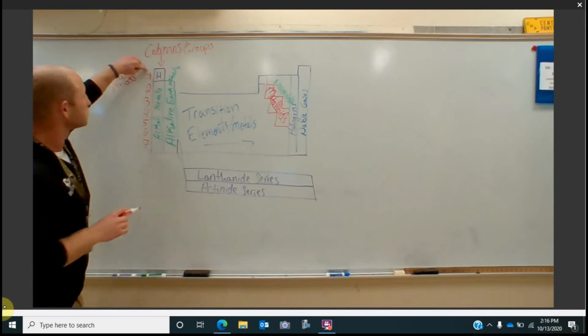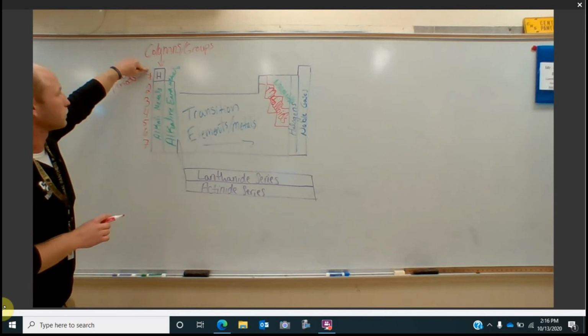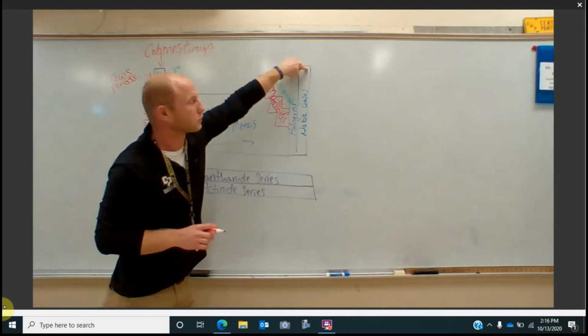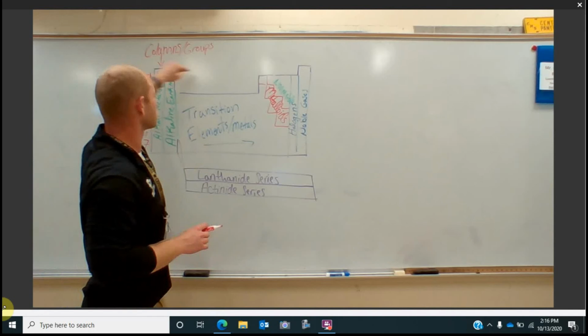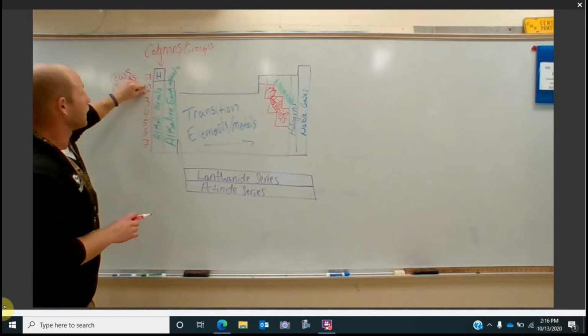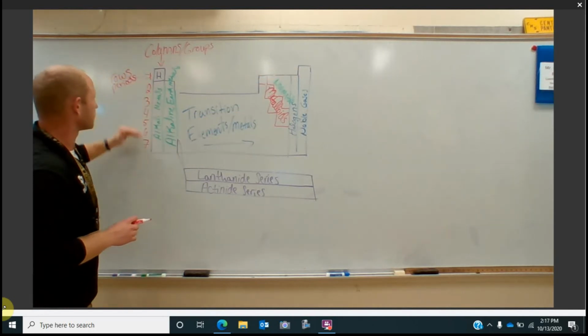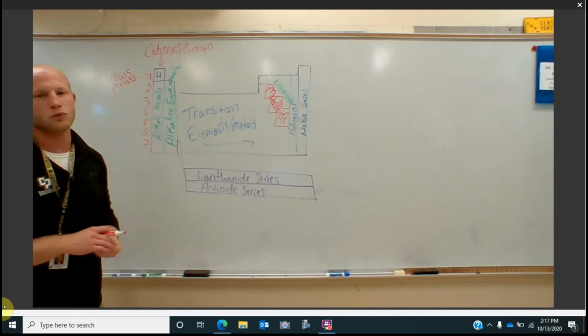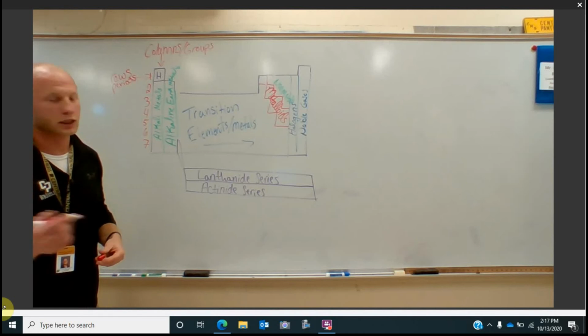And we know that our first energy level can only hold 2 electrons. Well, there's only 2 atoms in our first row. Our second energy level, or our second row, 2 through 7, these energy levels can hold up to 8 electrons, okay?